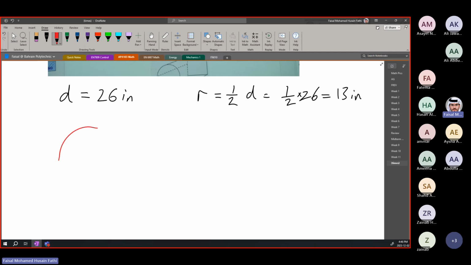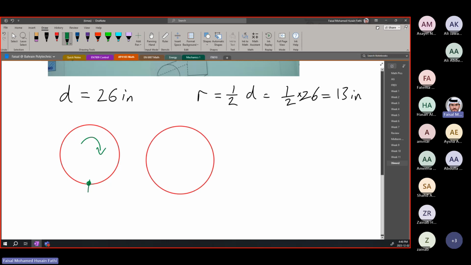If we have a wheel, and the wheel is rotating in this direction, let's look at this point. If it rotates for a small distance, this point will go up, right?